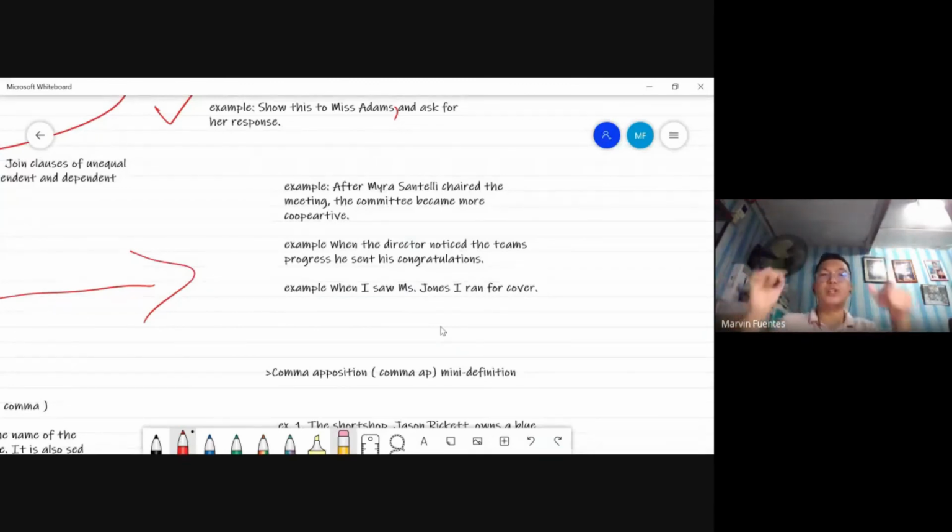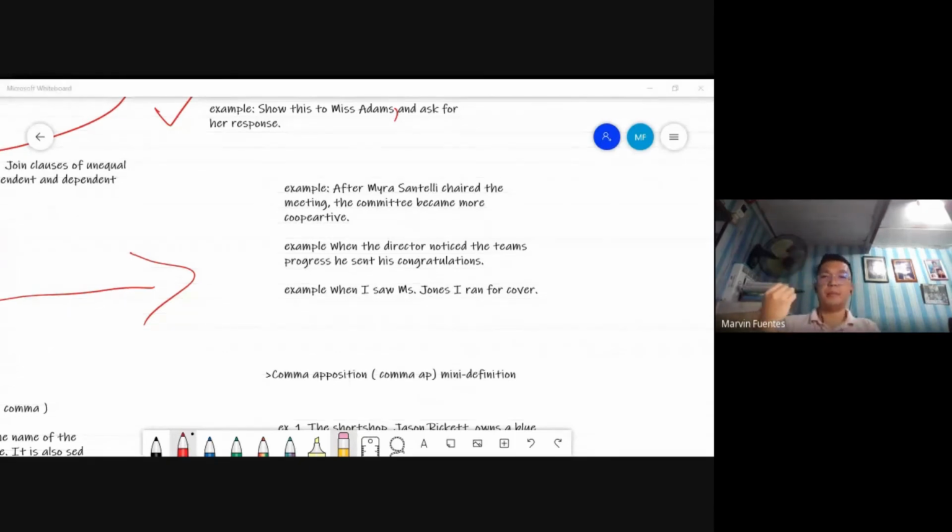And below that one, remove the subordinating conjunction after, then after the meeting, put a period, then capitalize the article the in the committee, and then followed by a period, ilagay nyo dun sa baba. Patingin ako. Dalawang example yung lalagay nyo. Right.